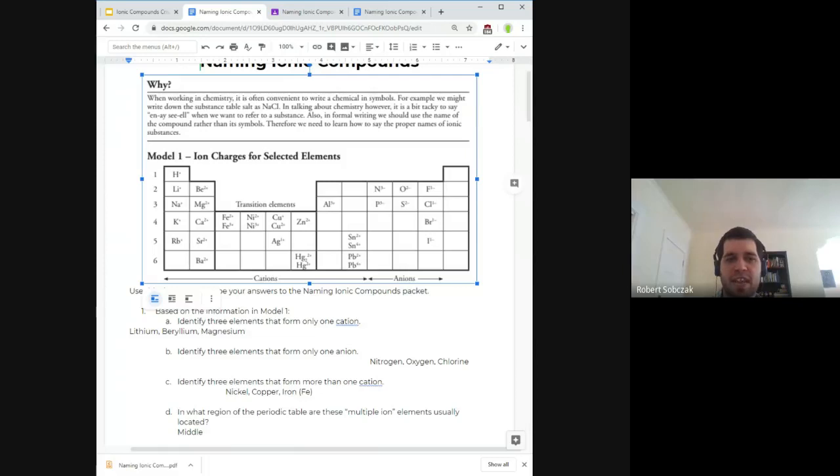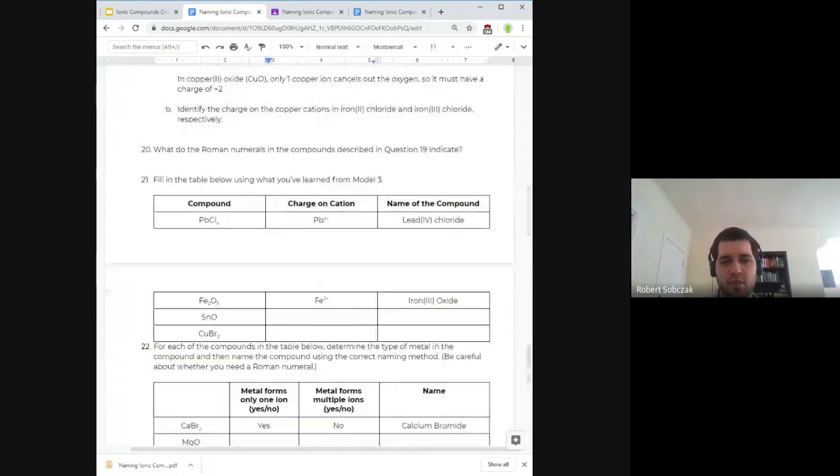So when you write the name of this compound, SnO, you're going to have to be specific. Is it tin 2 or is it tin 4? The way to figure that out is you look at oxygen. One tin atom is matched up with one oxygen atom and cancels that out.